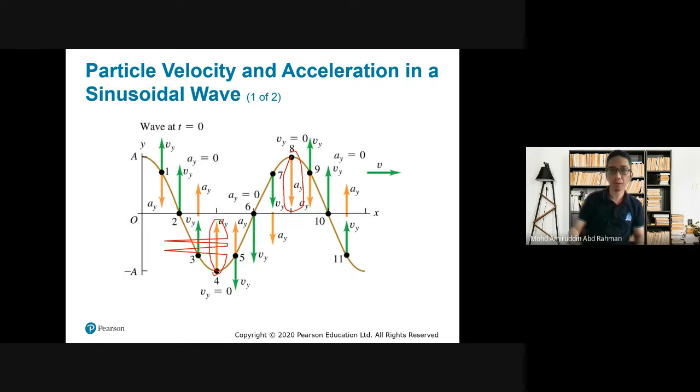But at both of these locations, the speed is 0.